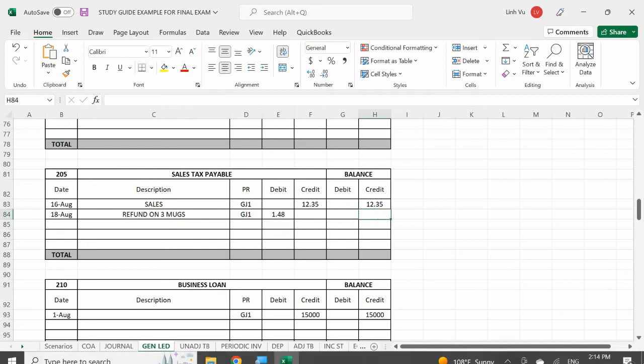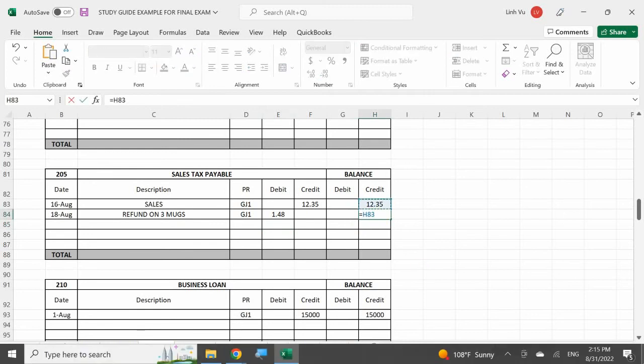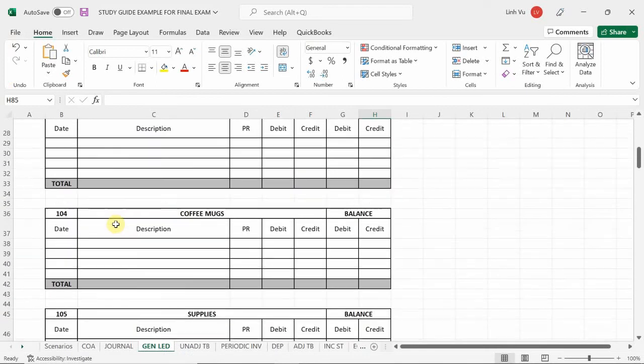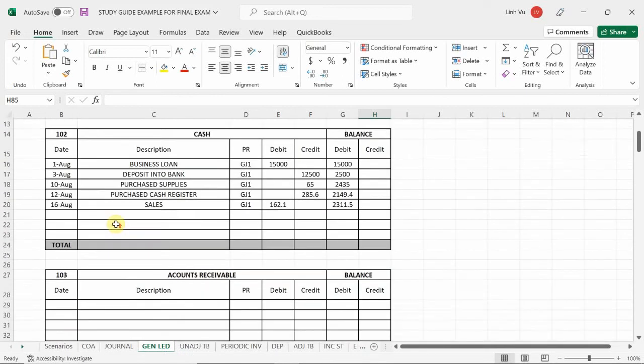So what is your now new sales tax payable account balance? $10.87. $10.87. And we also need to reduce the cash because we had to give a cash refund.